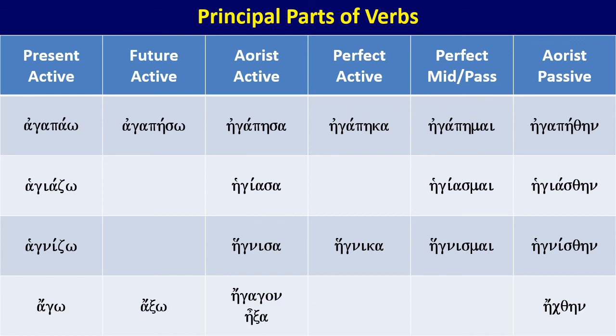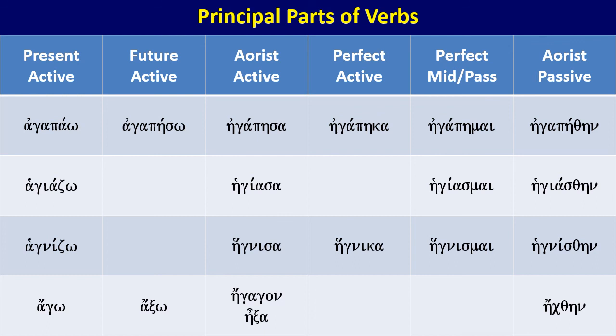Agapesa. So you would see that that's how you would spell the aorist form of it, or the perfect, or the other columns that we will get to in the future. So that's the value of having a principal parts list for you. You can find out the spellings at a glance.